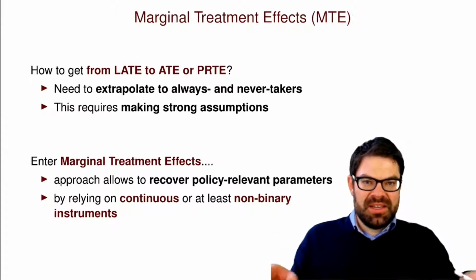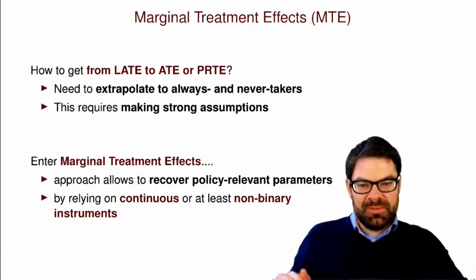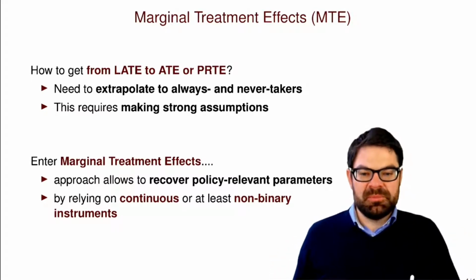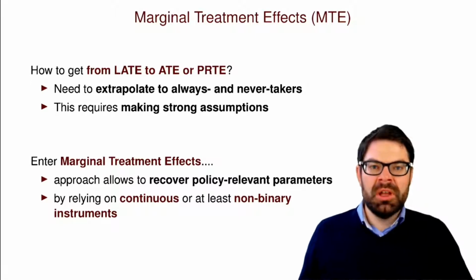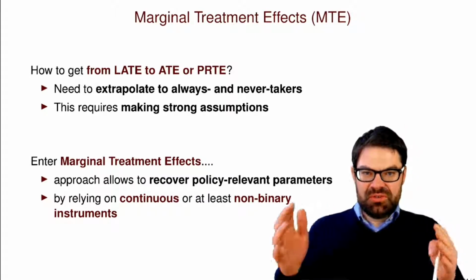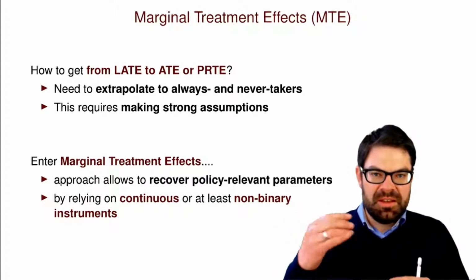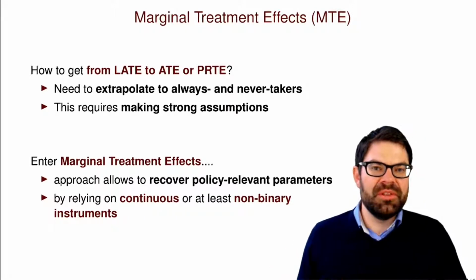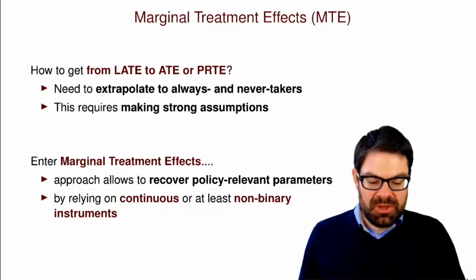We have to extrapolate outside of that range, and we can only do that under assumptions. The tool that helps us do so in a meaningful way is called marginal treatment effects.